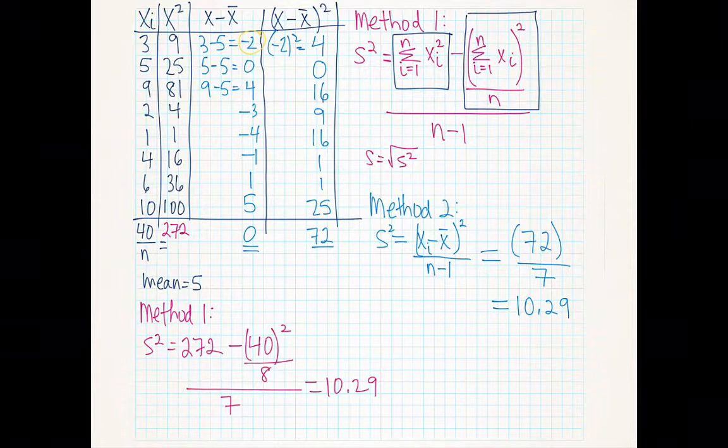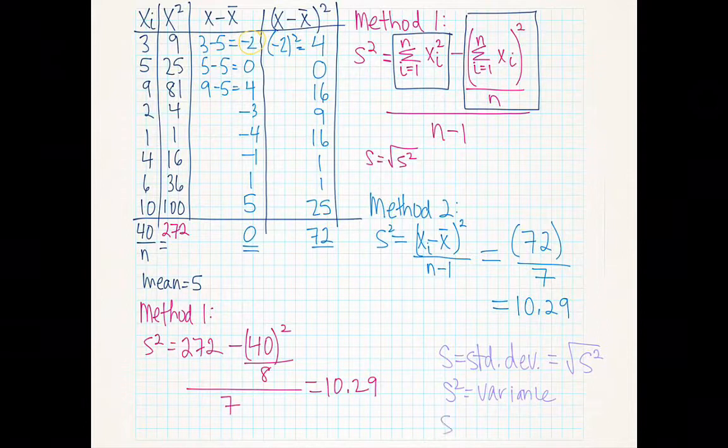And now using that number, we can then calculate the S, which is the standard deviation, which is equal to the square root of the variance. So S squared equals the variance, and S is equal to the standard deviation.